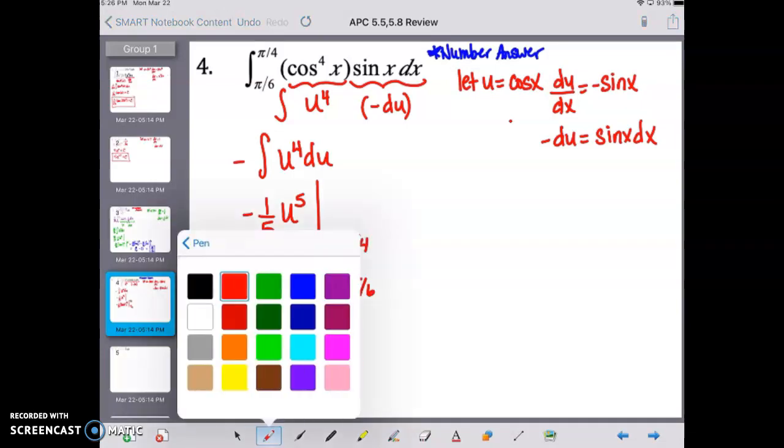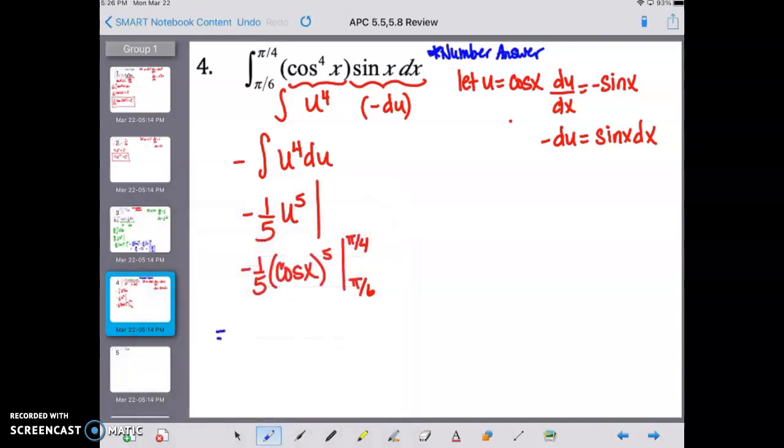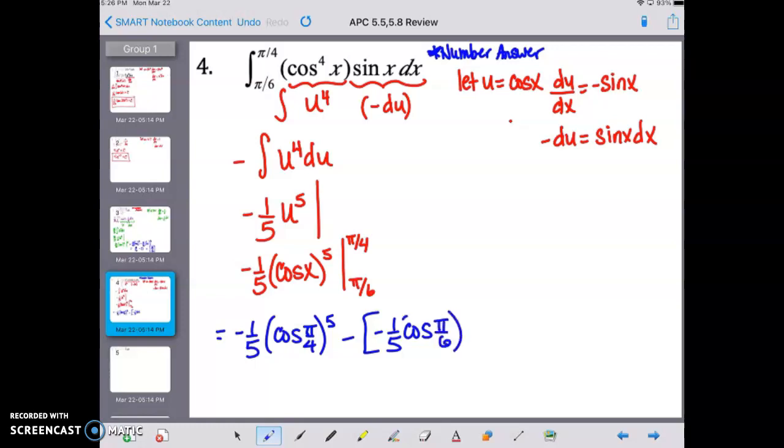So when I plug this in to evaluate, I'm going to get negative 1/5 times cosine of pi over 4 to the 5th power minus negative 1/5 times cosine of pi over 6 to the 5th power. Start on the inside, work your way out. PEMDAS. Cosine of pi over 4 is square root of 2 over 2.